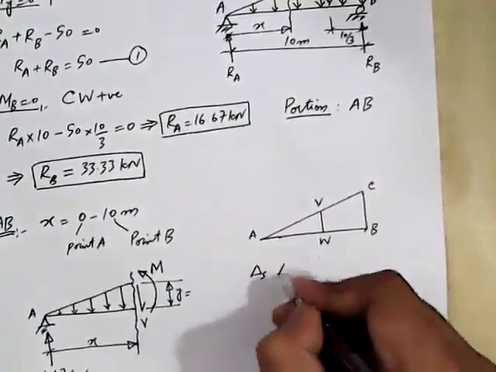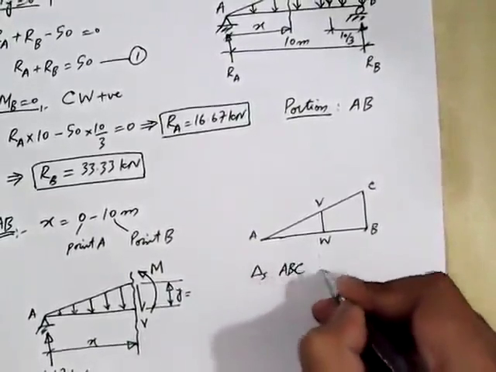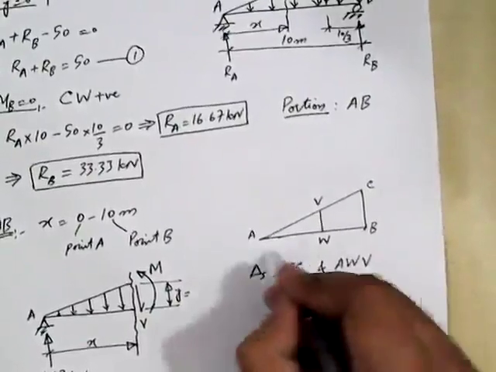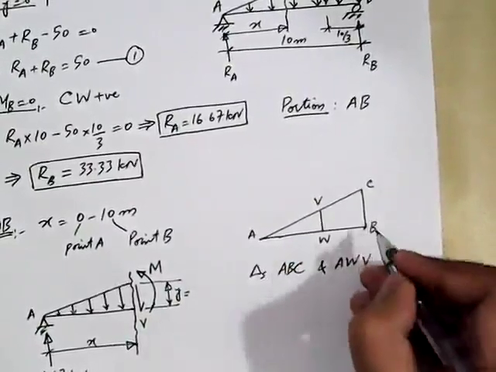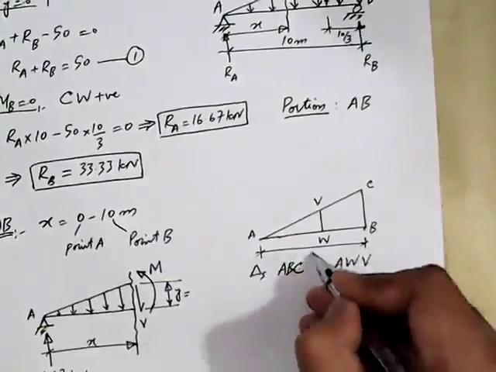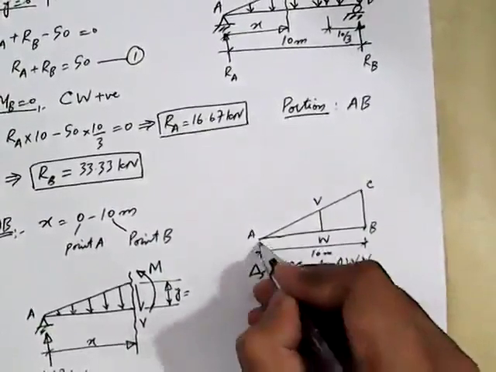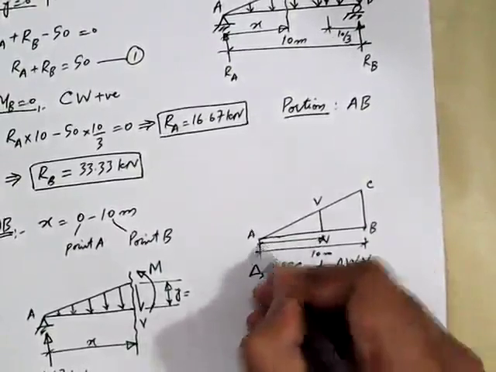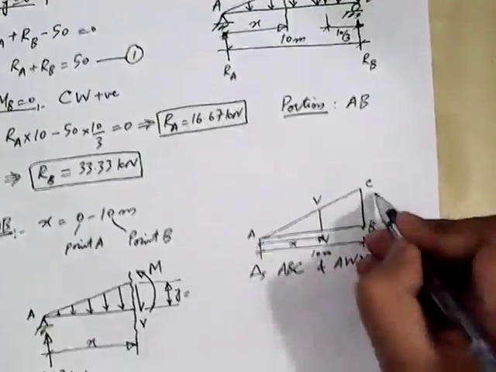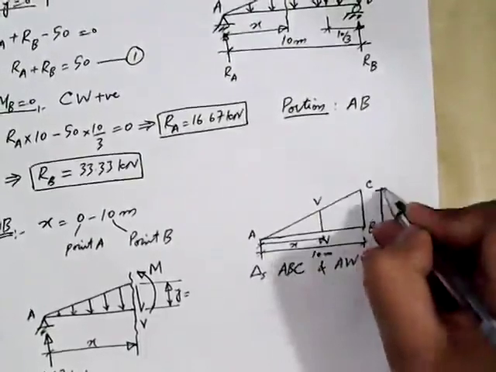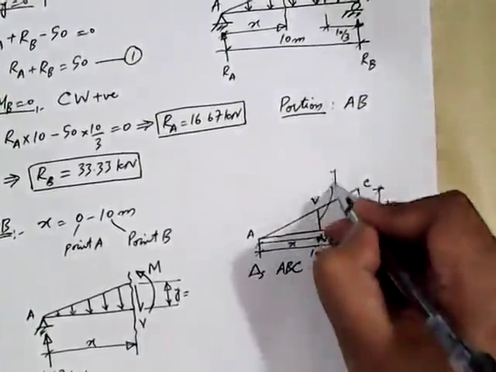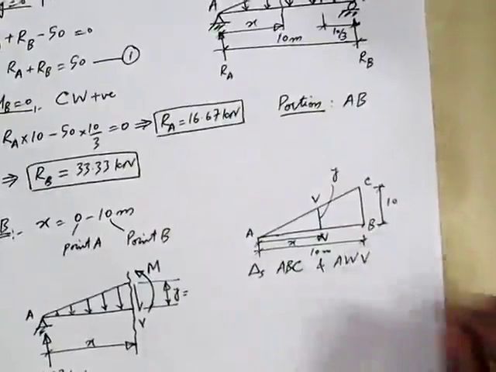And if we consider both these triangles ABC and AWV, do we know the side AB? How much is side AB? It is 10 meters. Do we know AW? According to our nomenclature, this AW is x. Do we know CB or BC? This is 10. And what do we want to calculate? We want to calculate this y or VW.